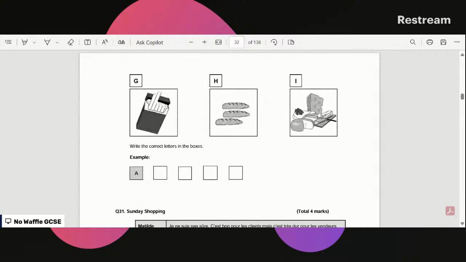Okay, so we'll go through a past paper then instead. Okay, I'll get one up.